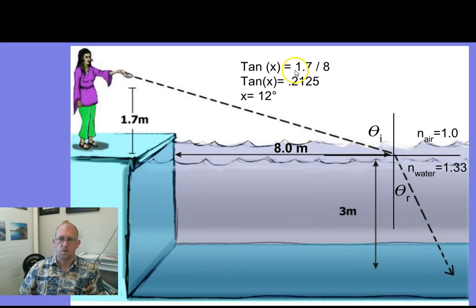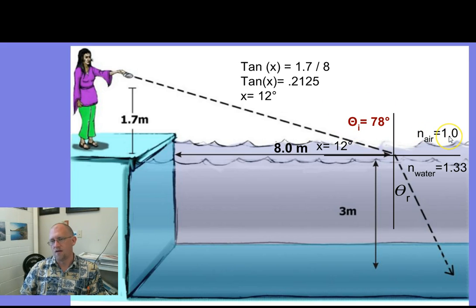Tangent of x is 1.7 divided by 8, which is 0.2125. If I take the inverse tangent of both sides, x is 12 degrees. So if this is 12 degrees, then this has to be 78 degrees, because those two are complements. So now theta sub I is 78 degrees.